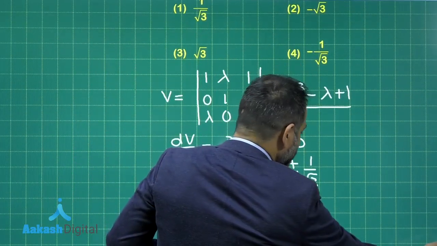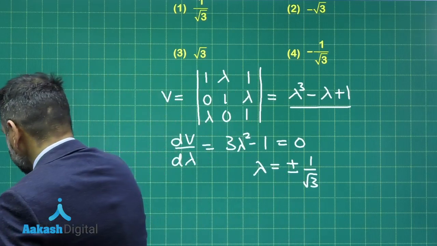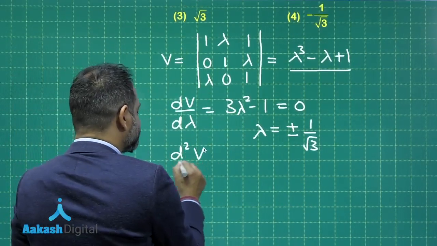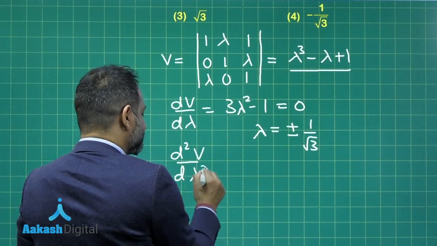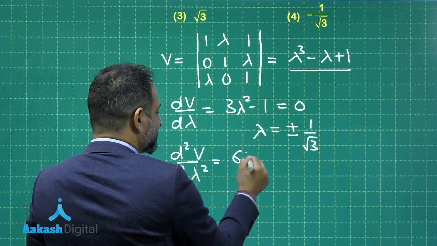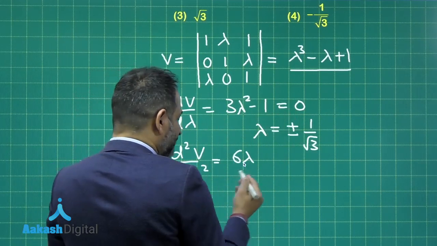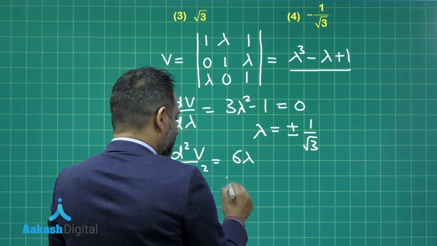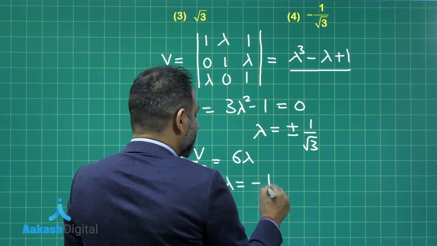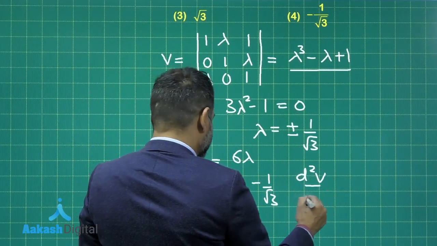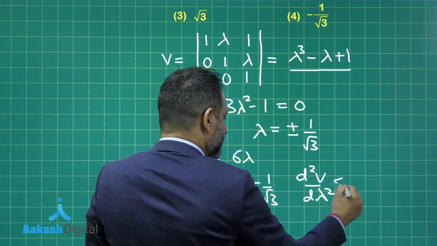If you double differentiate this, it is 6 lambda, and if you check at these 2 points, at lambda equal to minus 1 by root 3, the double derivative is negative.